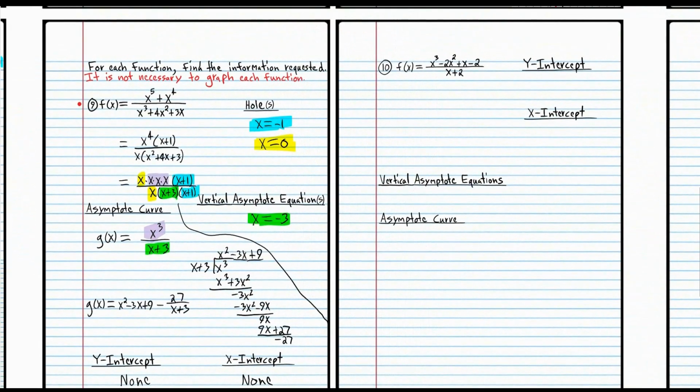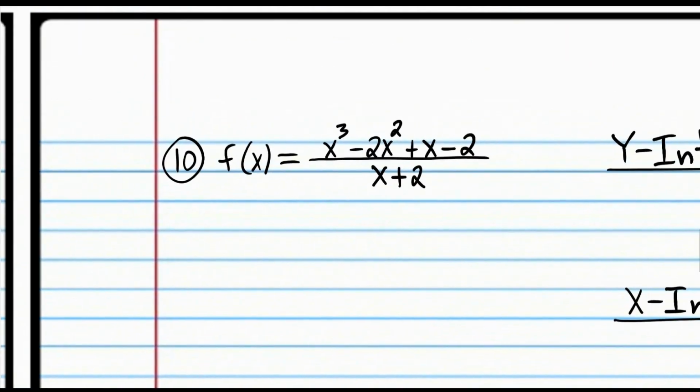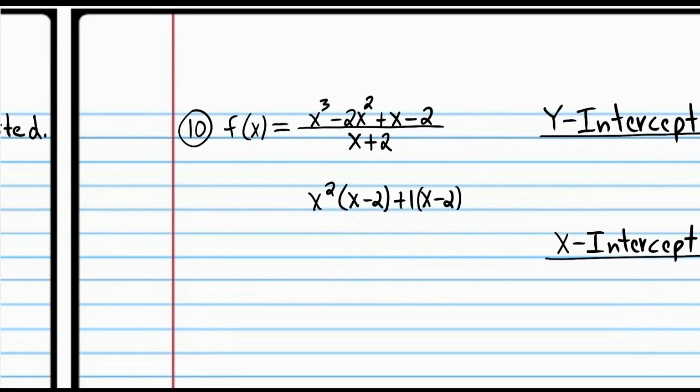Okay, so let's try one more of these. We're going to factor by grouping. I'm going to factor out x squared from the first two terms. And I can just factor out 1 on the other term so we can see what's going on here. Then I'm going to factor out x minus 2 from the two terms in the numerator.